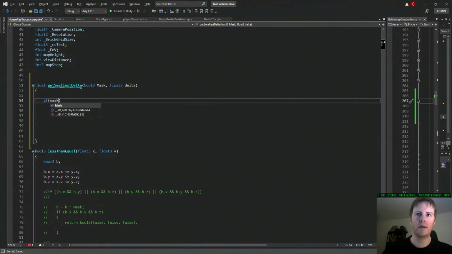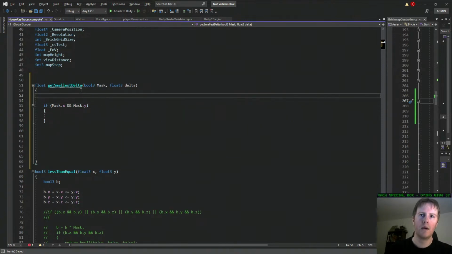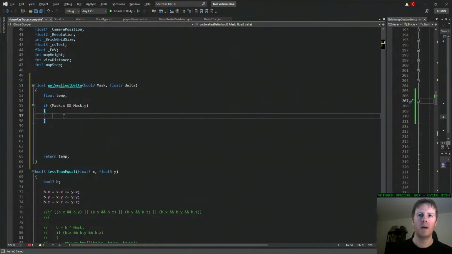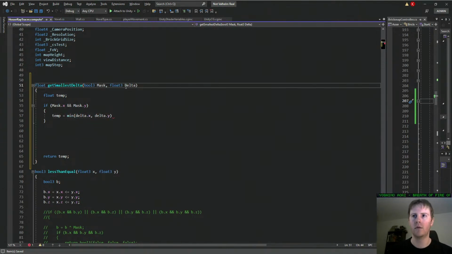If mask.x and mask.y, then we do float temp, return temp. Then here we say if mask.x and mask.y, then we do temp equals min of delta.x and delta.y. I want this to be a large D too.